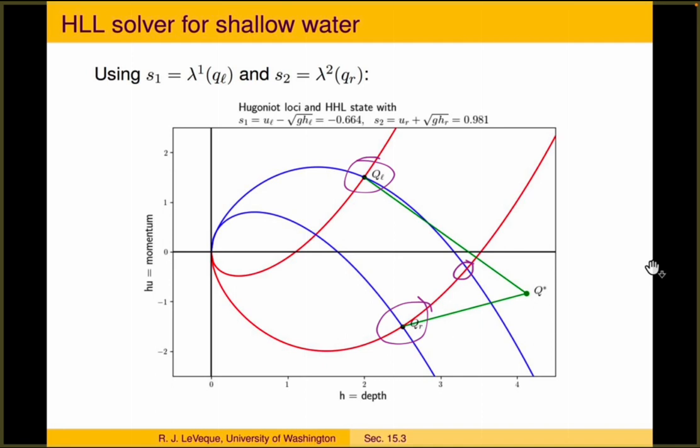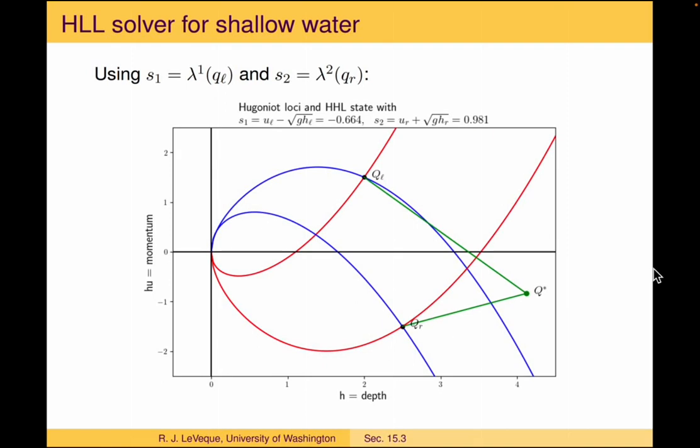So we actually have two shock waves in this case, and the exact intermediate state would be here. But the Q star that comes out of the HLL solver, if we use, again, evaluating the eigenvalues at the left and right state to give an approximation to S1 and S2, our Q star ends up over here, for example. But it depends very much on what I used. If I make a different choice of S1 and S2, it will lie someplace else.